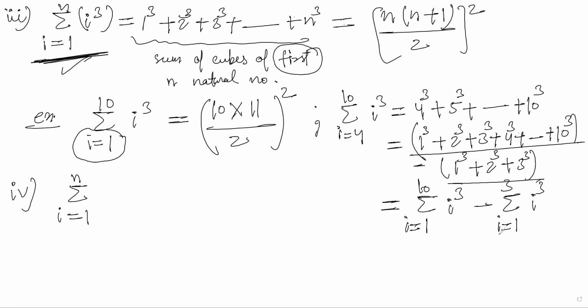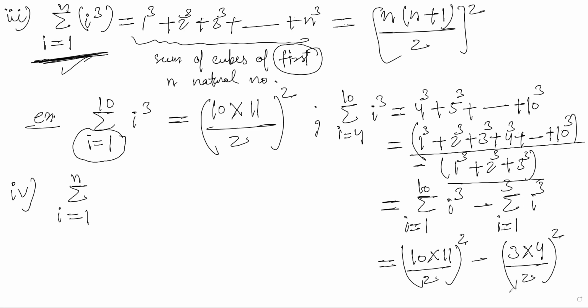You can directly apply the formula now. 10 into 11 by 2 whole square minus 3 into 4 by 2 whole square. Because n in this case is 3 and n in this case is 10.